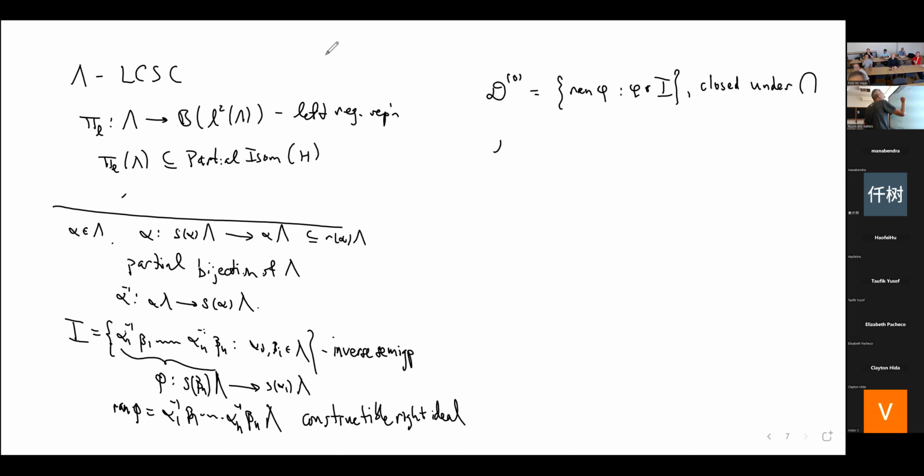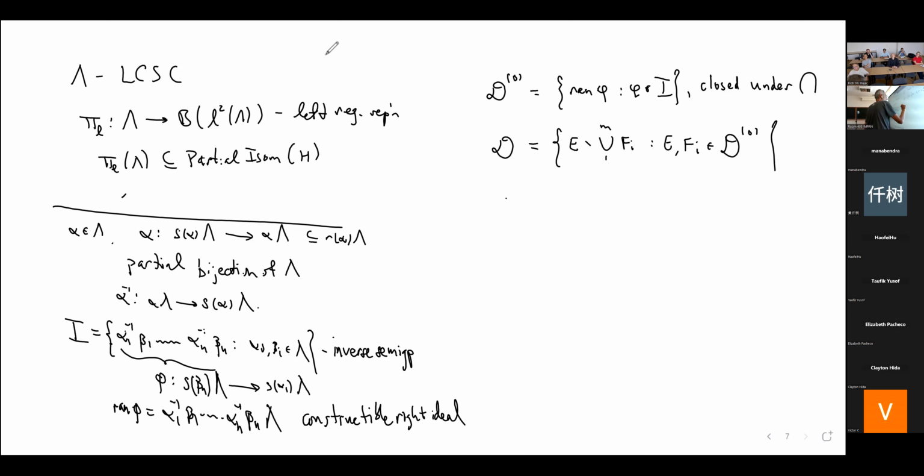And then we form the Boolean closure, which I just call curly D, the set of all E minus union 1 to I, differences of constructible right ideals.